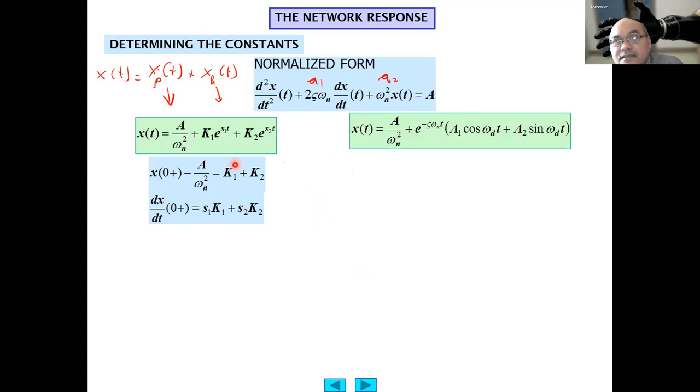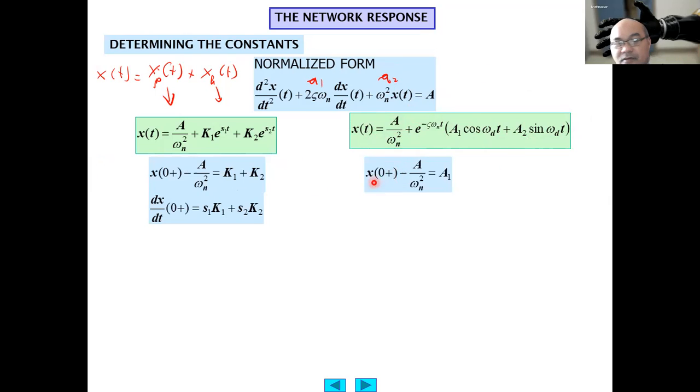When zeta is less than 1, we have the underdamped case, and the solution is e to the minus sigma t, or e to the minus zeta omega n t, times, this is the homogeneous solution, a1 cosine omega d t plus a2 sine omega d t. The particular solution is still this one, A divided by a2, or A divided by omega n squared.